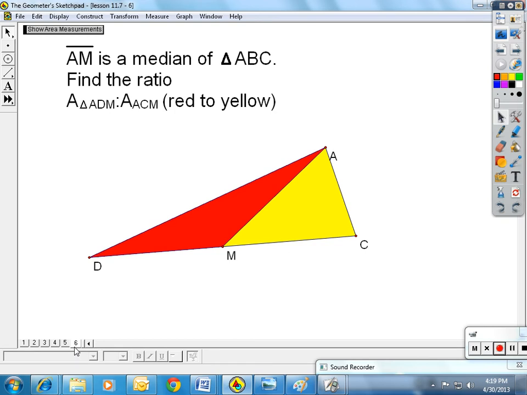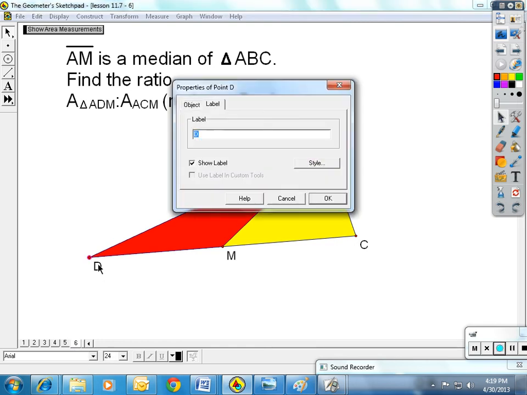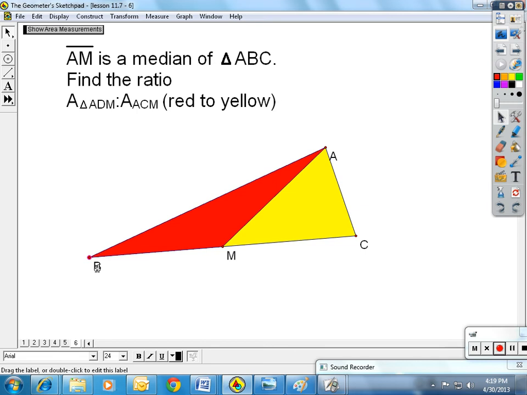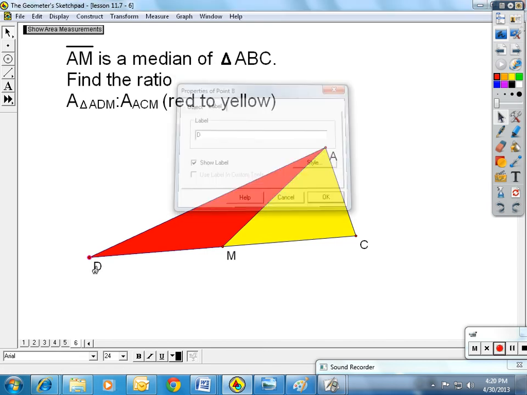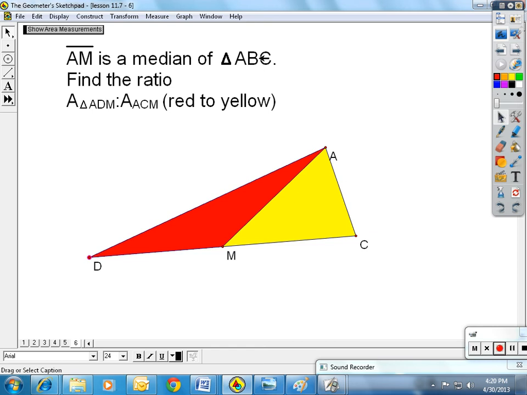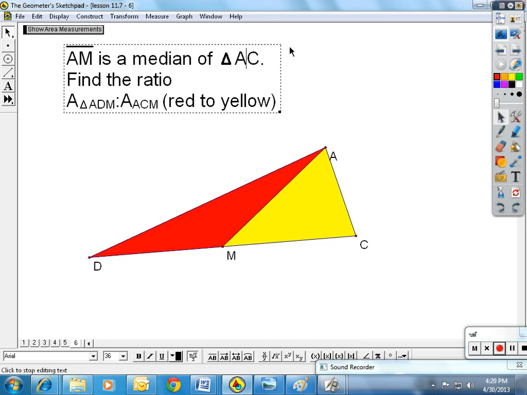Something quirky going on here. I've got AM is a median of triangle ABC. Should say ABC, and that should be D. Sorry, I need to change this.